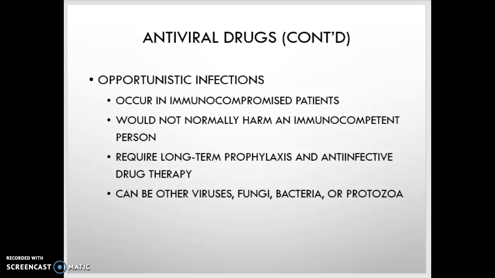The most common examples of our immunocompromised patients, other than those with HIV, are those with cancer, those taking immunosuppressive treatments for things such as organ transplant, or those with full-blown AIDS. And the patient with AIDS is at high risk for developing these, because we remember how that works, and we'll talk about that again in just a few minutes.